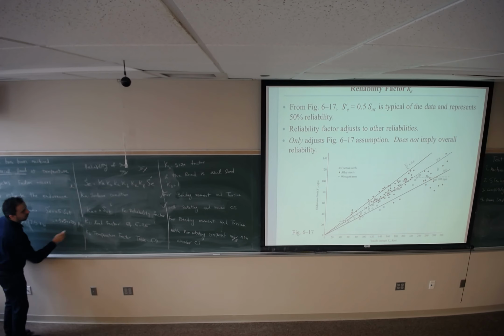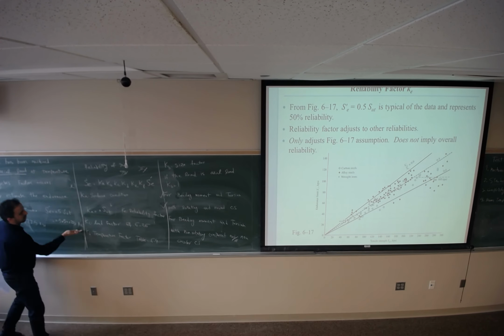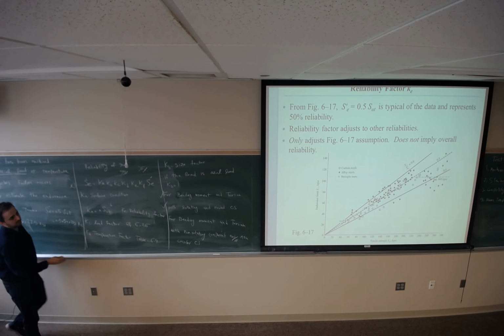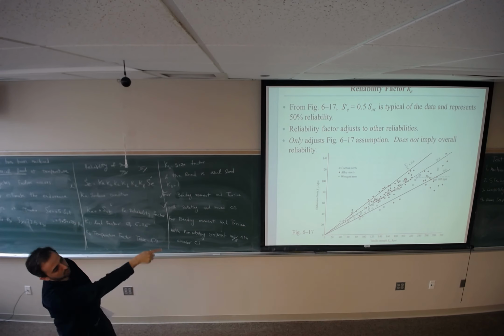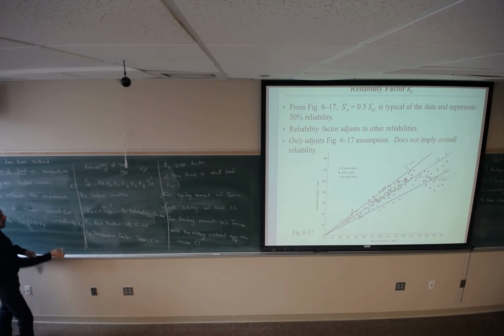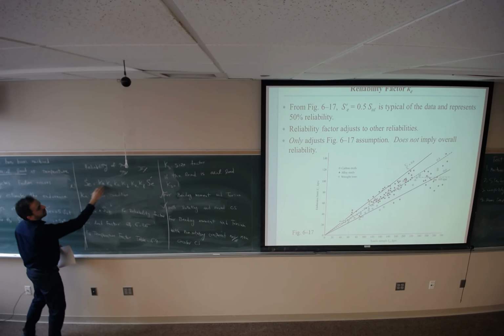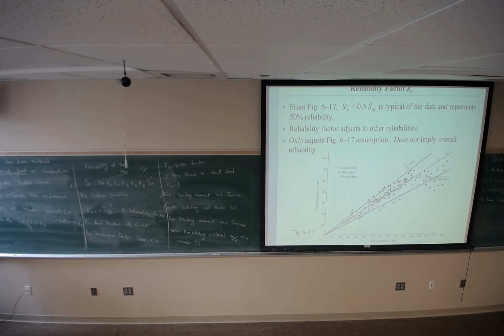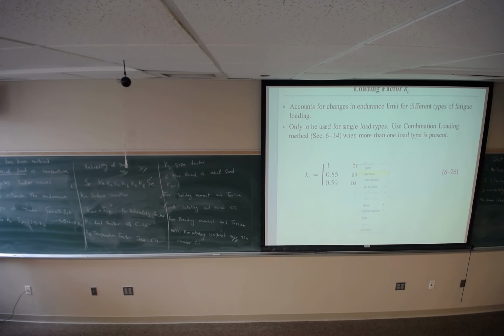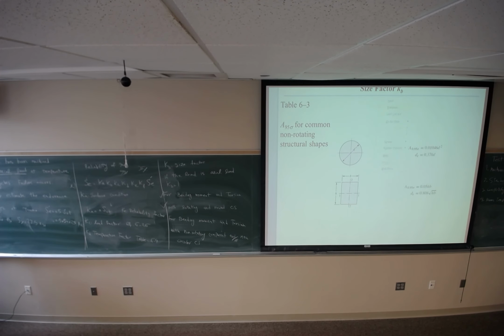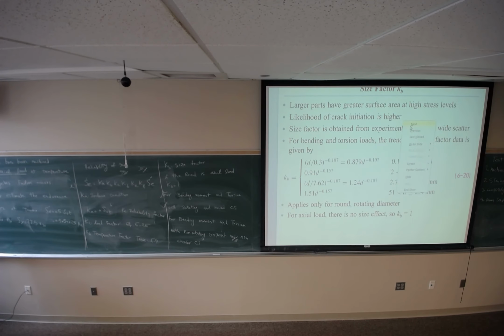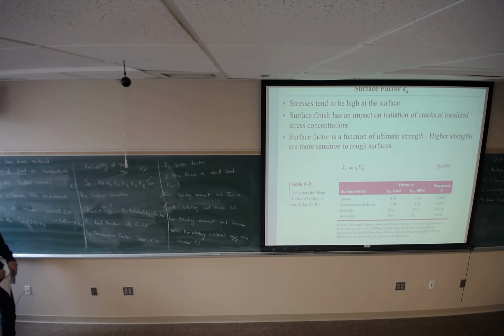So if I had the test specimen under those conditions, I could stop here and say the endurance limit is 25. But I should consider these factors because we don't have the perfect condition. I will start with Ka, which is surface finish.